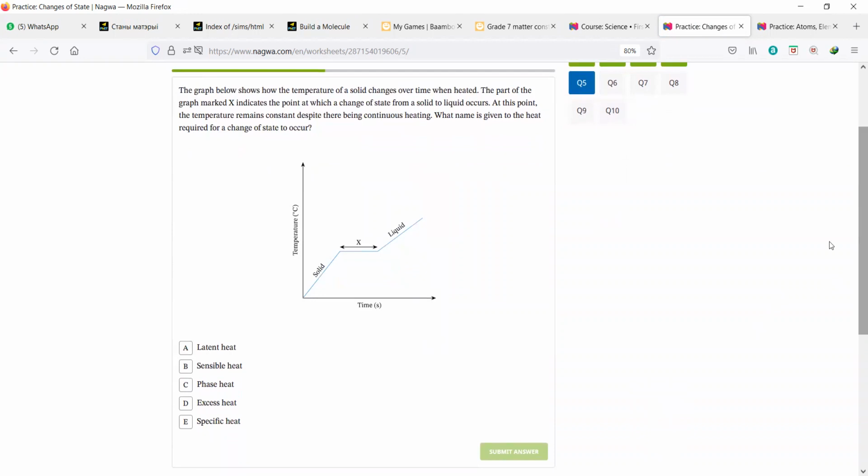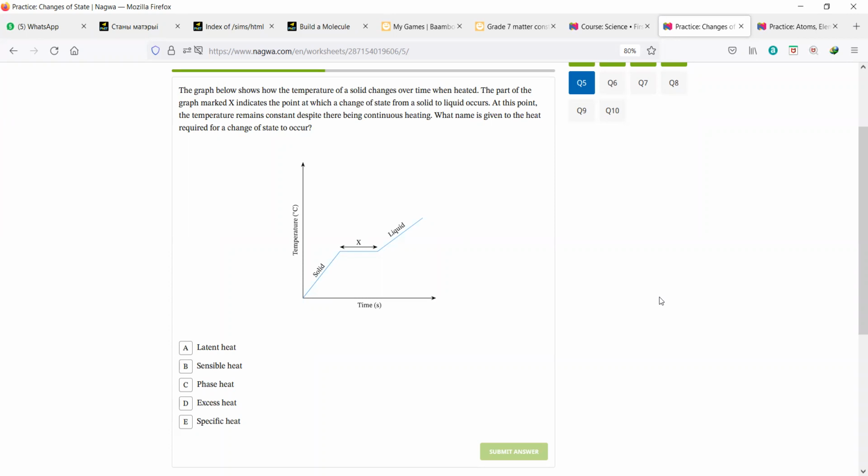Here the graph shows how the temperature of a solid changes over time when heated. The part of the graph marked X indicates the point at which the change of state from solid to liquid happens. At this point, the temperature remains constant, despite there being continuous heating.